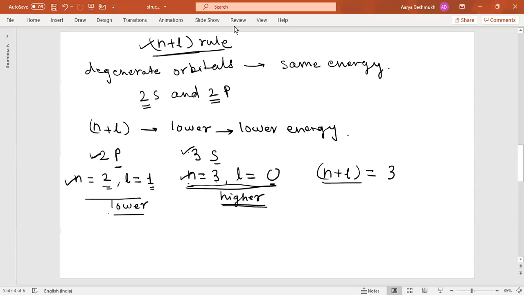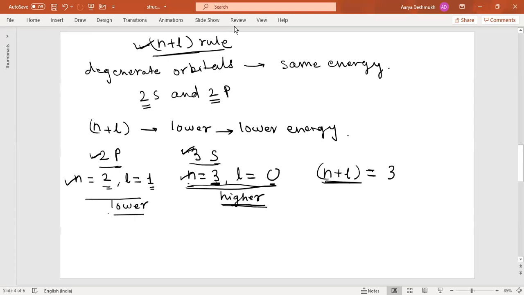If n plus L is equal to 3 in both cases, in 3s and 2p, then 3s will have higher energy because the one with the higher principal quantum number will have the higher energy. And this is called the n plus L rule.